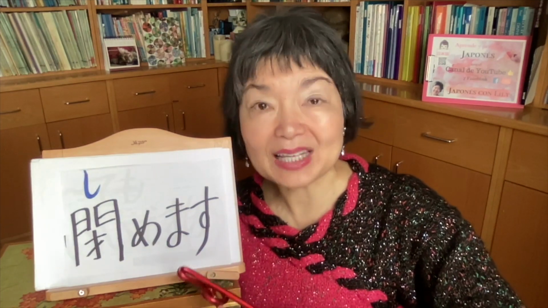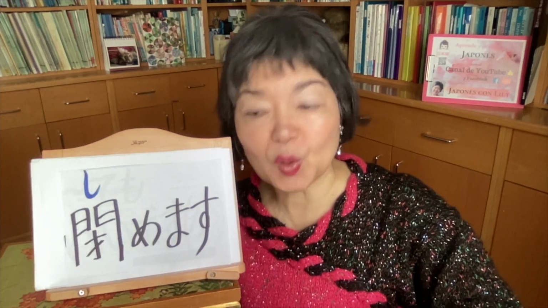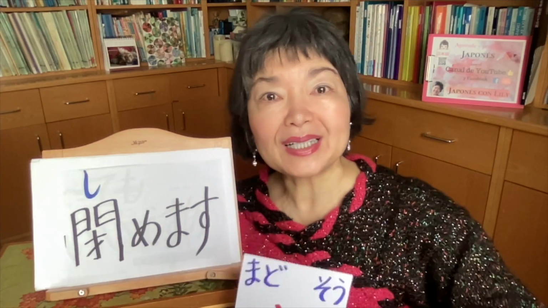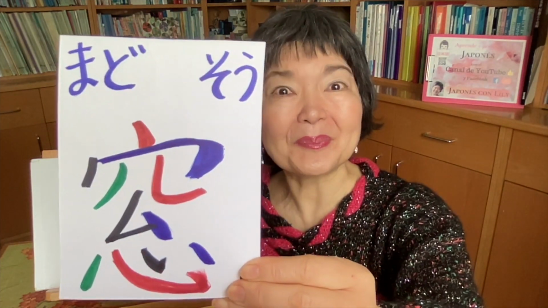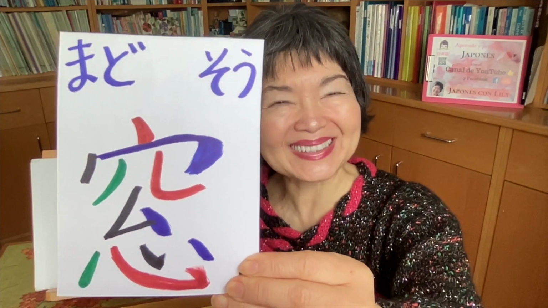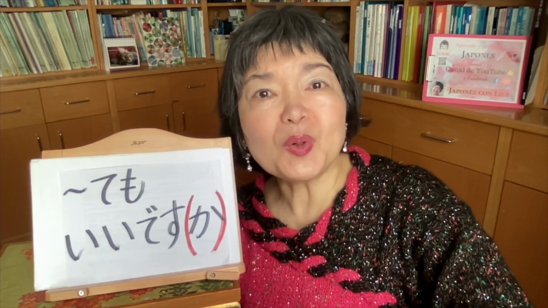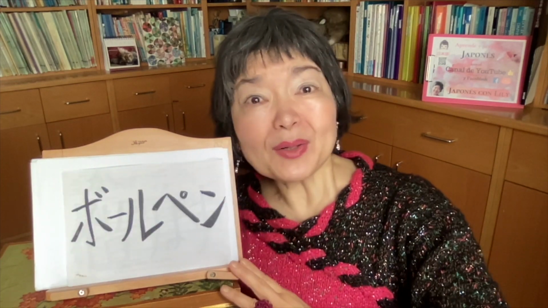This is the te form of 閉めます. To close. And the word window, we say 窓. Then in Japanese, 寒いですから窓を閉めてもいいですか?